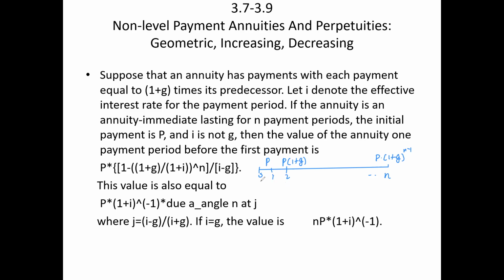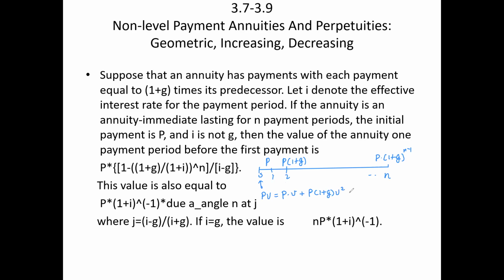So now we try to figure out the present value here. Basically, you discount everything back to time 0. So I have P times V, and then you have P times 1 plus G times V squared.